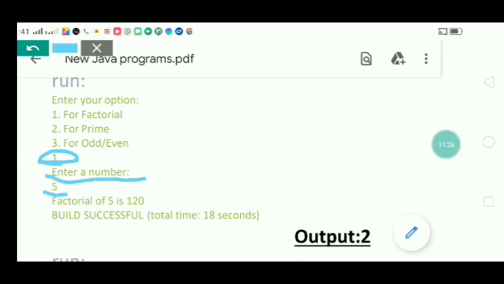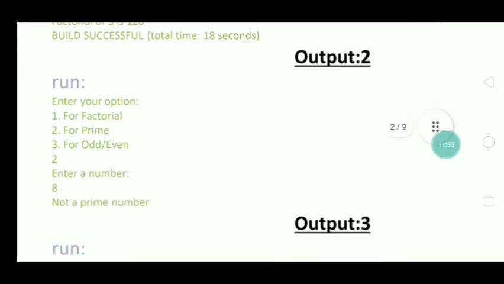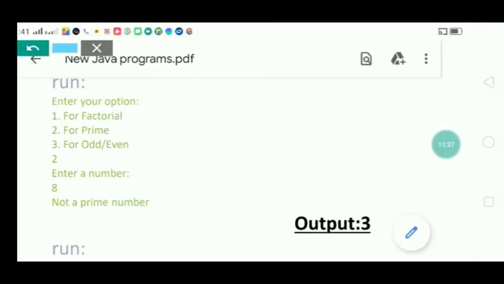I entered 5 and got this value. Next, in the second case, when I choose option 2, it asks you to enter a number. I entered 8, and after execution we got that 8 is not a prime number.